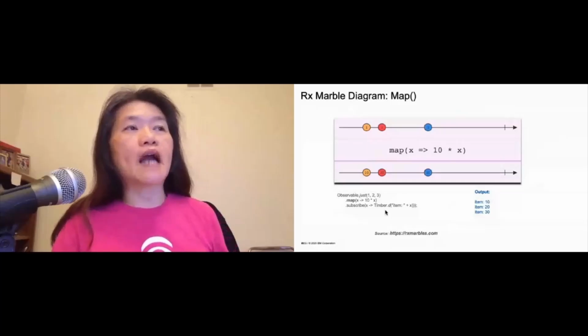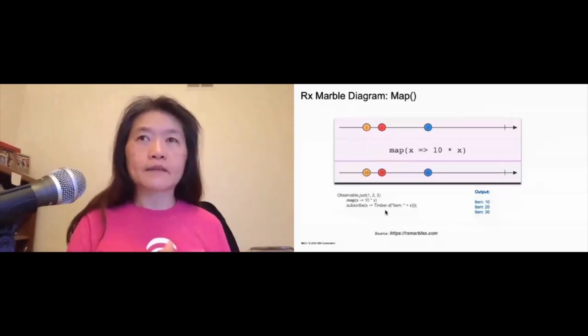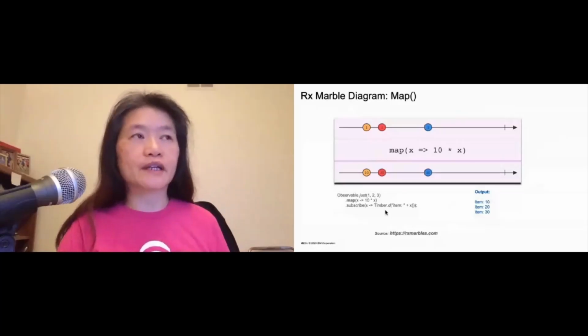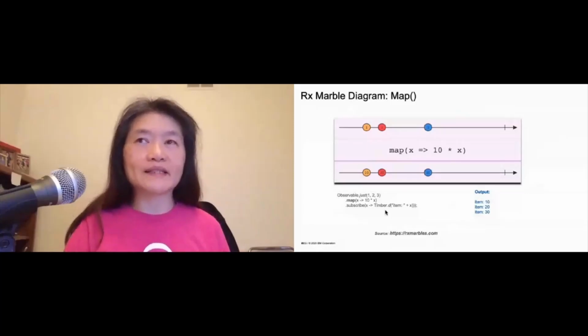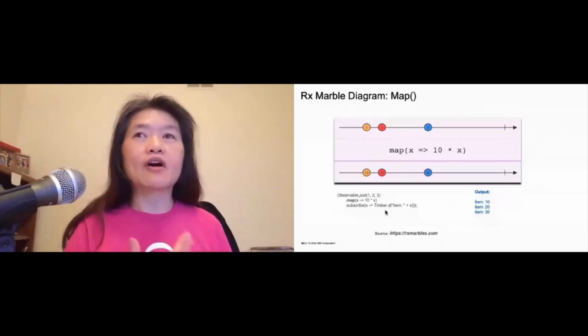If you visit rxmarbles.com, you can get interactive practice using the different operators that are available. Map is a very basic one that's used quite frequently by different systems. Filter is another popular one.